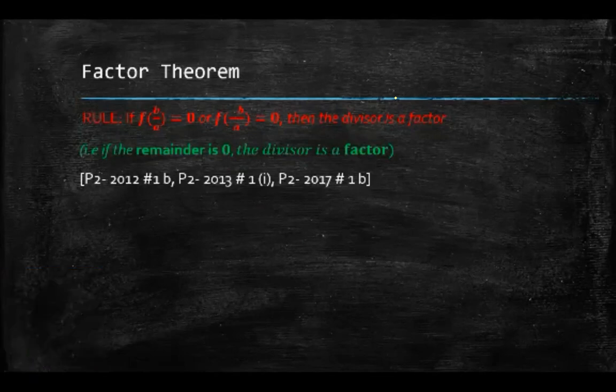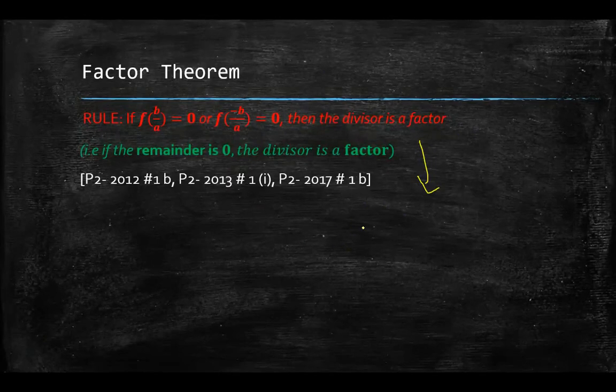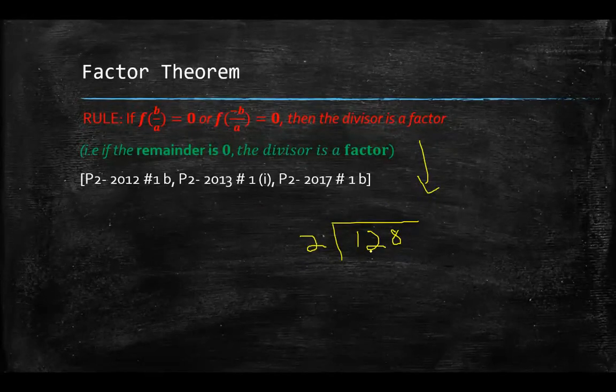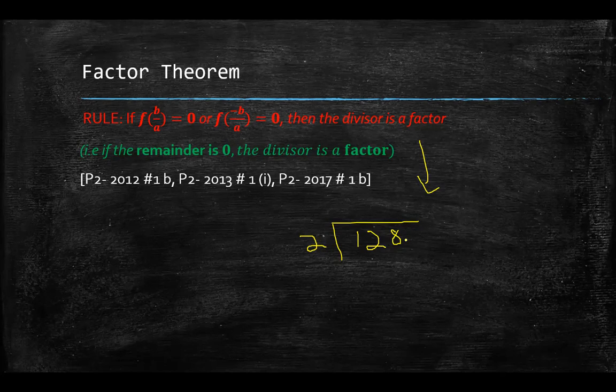So before we get into the whole polynomial expressions, let's start off with something we already know. So if I said 128 divided by 2, right? We already know that 2 is a factor of 128. But how come 2 is a factor of 128? Well, you would say 2 divides 128 without a remainder.